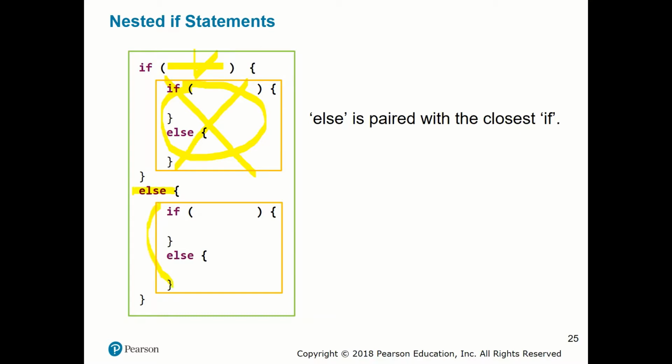So this if-else will be evaluated. And this is important: else is paired with the closest if. So this else is paired with this if, and this else is paired with this if. So if you are confused by if-else statements or if-else blocks, then use braces.